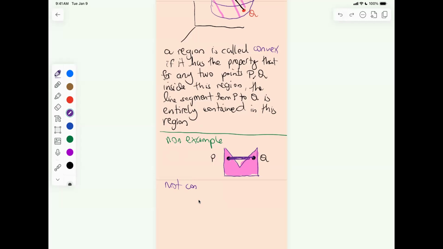So not convex because the line segment from P to Q is not entirely inside the region K.